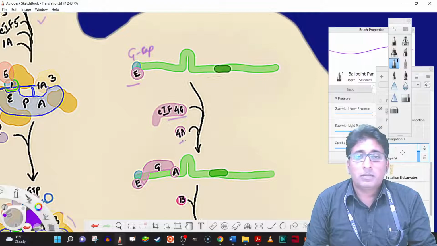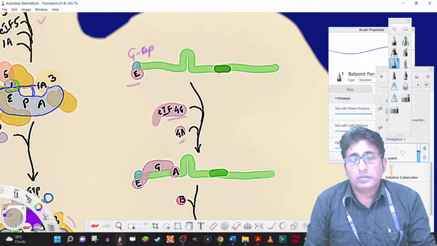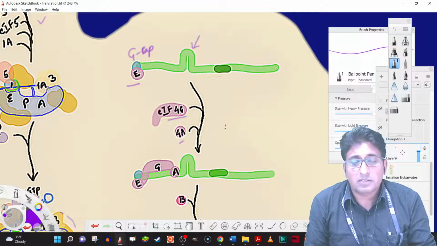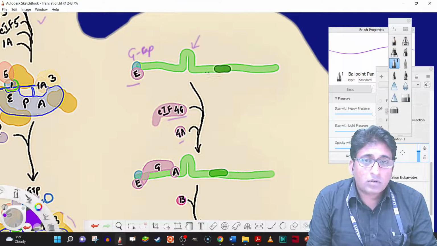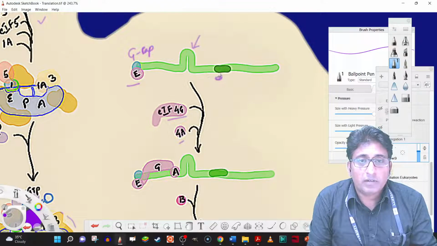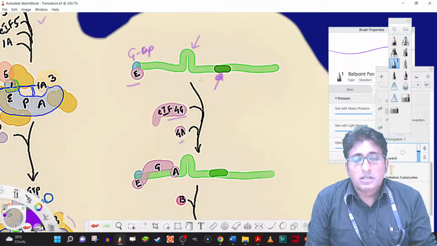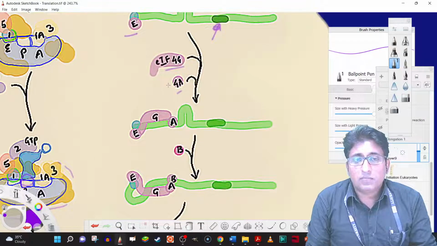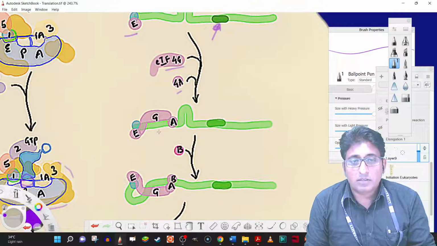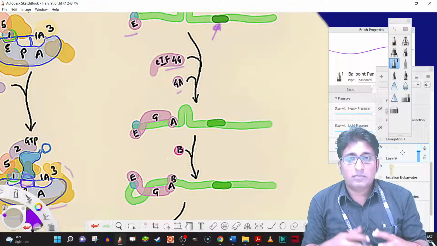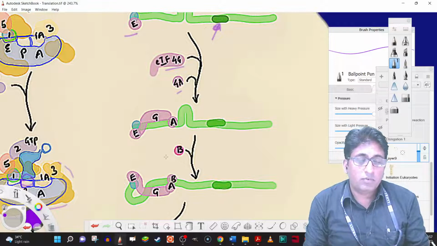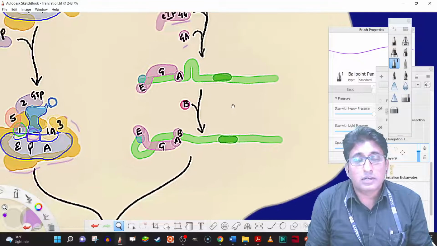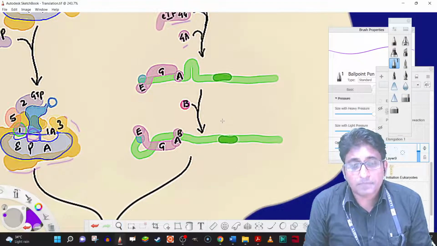The eukaryotic mRNAs are large, and they could be folded upon themselves, forming secondary structures, something like this. And the start codon could be somewhere here, as indicated. So the initiation factors eIF4G, 4A, etc., bind here, and they are now preparing the mRNA for initiation, to be bound by the 43S pre-initiation complex.